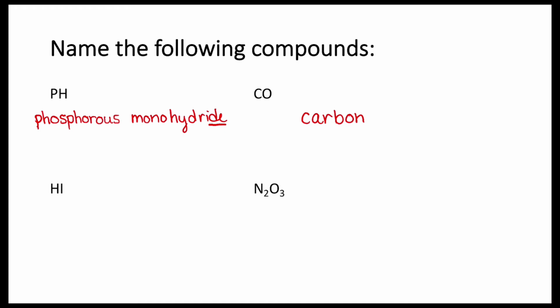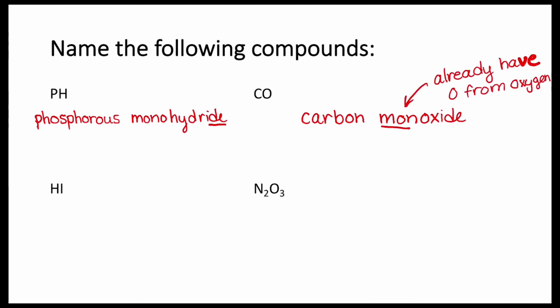We have 1, so mono. Because oxygen already has the O, we don't make it monooxide, it's just monoxide. So there's already an O present from oxygen, so just monoxide.